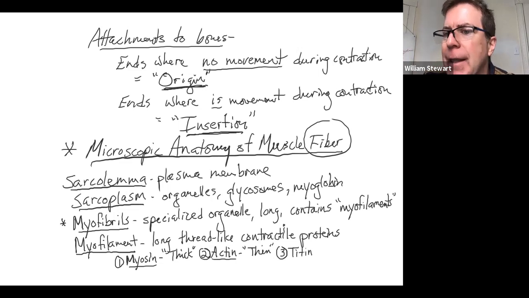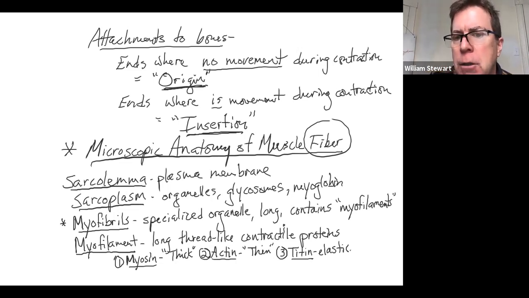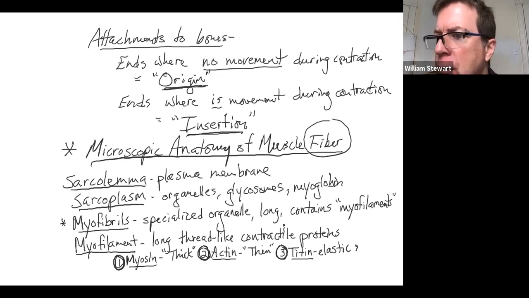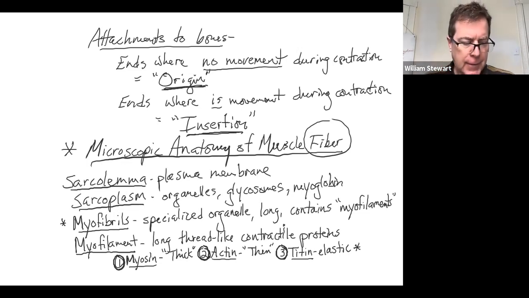That's known as the elastic filament. We're going to mostly talk about numbers 1 and 2 in this chapter. I will mention titin or elastic filaments when it's appropriate to do so. These help the muscle recoil to its original structural length.